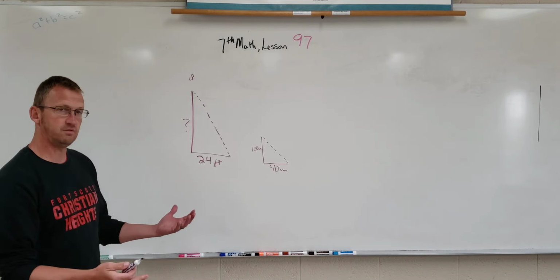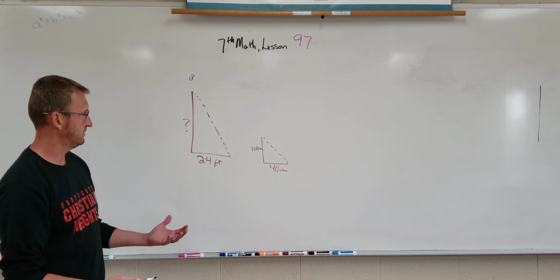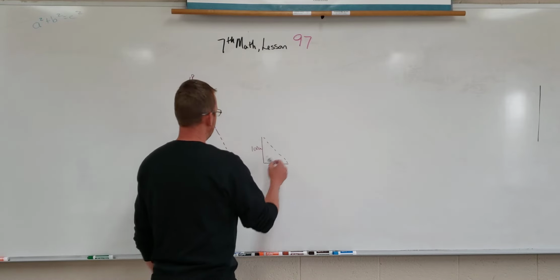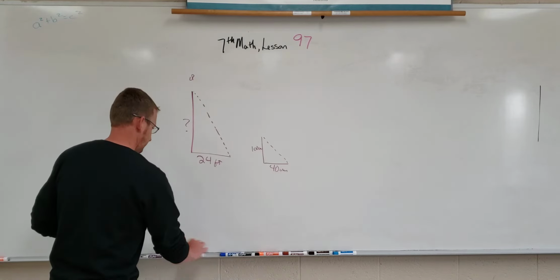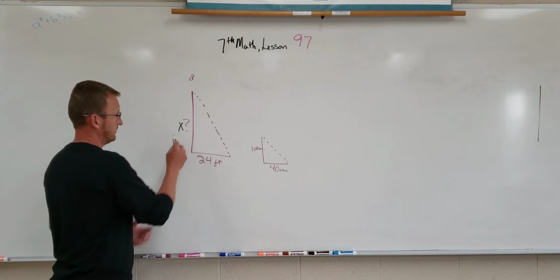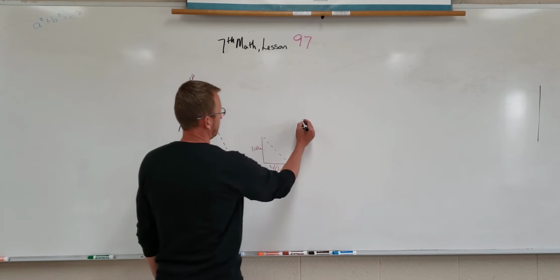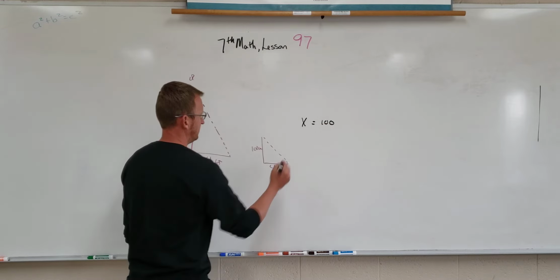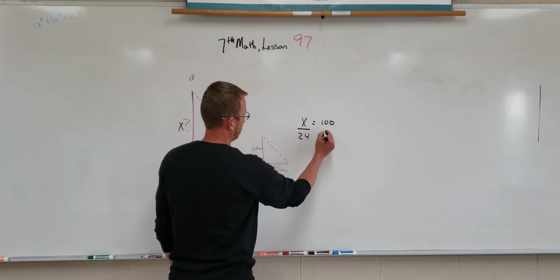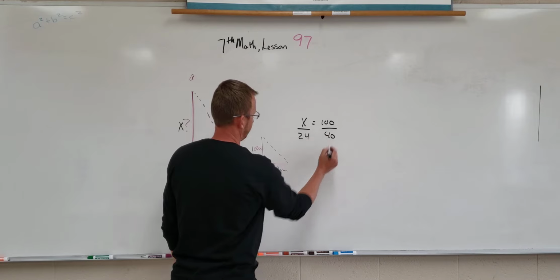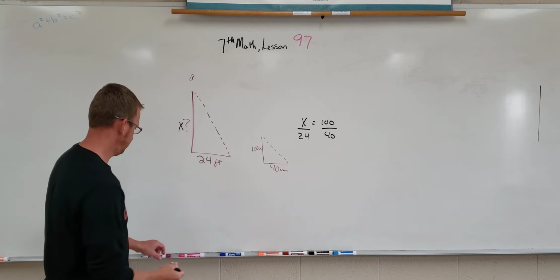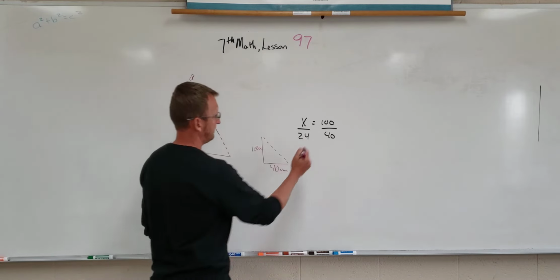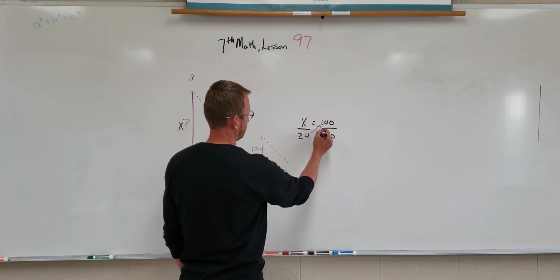So we just need to set the proportion to solve. So we could say this is x, because we don't know that. So we have x is to 100 as 24 is to 40. And again, to solve, cross multiply, divide.